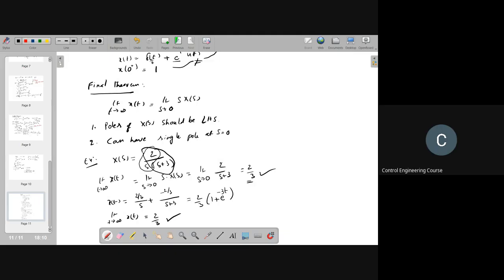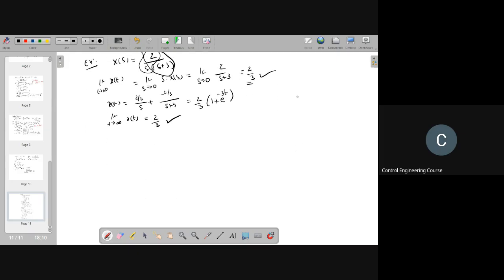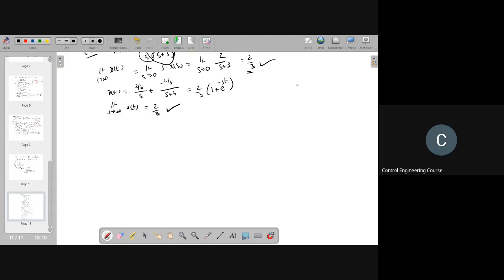Let us suppose you have one pole on the right half of the s plane. Another example: X of s is equal to 1 by s minus 1 into s plus 3.